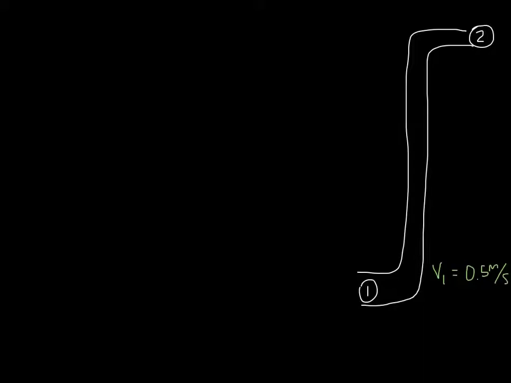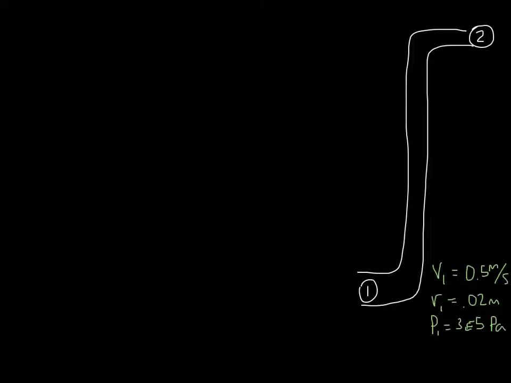The diameter is 4 centimeters, which means the radius is 2 centimeters, or 0.02 meters. So R1 is 0.02. And we know the pressure, so P1 is 3 times 10 to the 5th pascals.